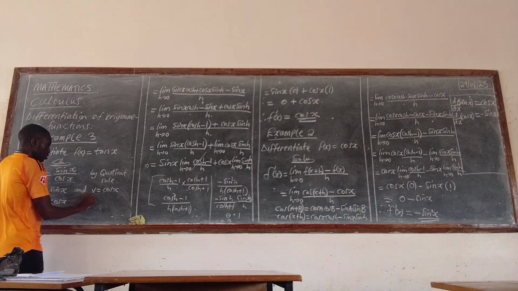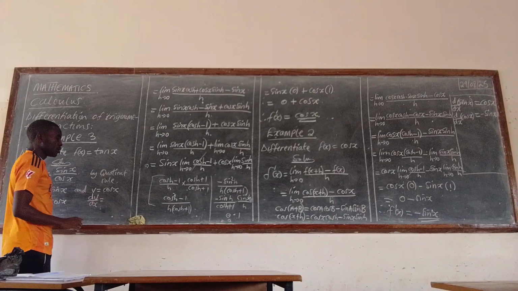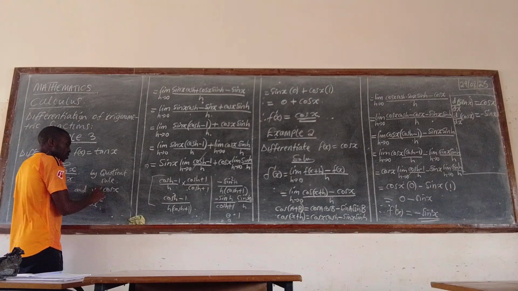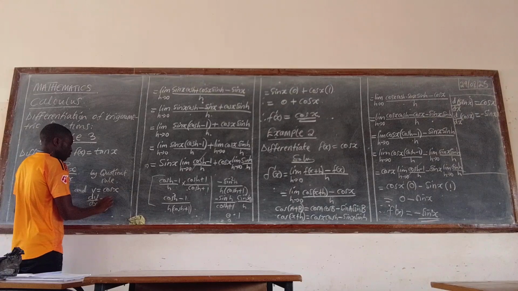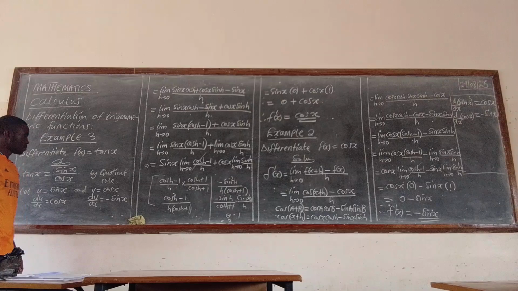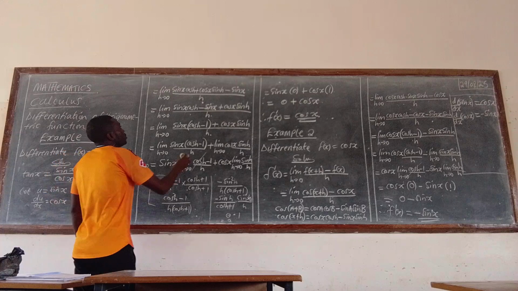Same applies here. The dv dx is equal to the derivative of cosine x, which is simply the negative of sine x. Okay. So now, we clean this part.